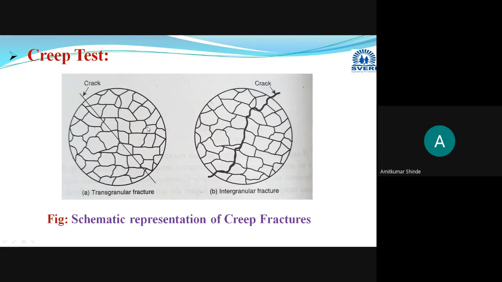At higher temperatures, the grains are stronger. I will repeat it: when the working temperature is low, grain boundaries are stronger as compared to the grains, and when the working temperature is very high, the grain boundaries are weaker than the grains because they come in contact with the higher temperatures.